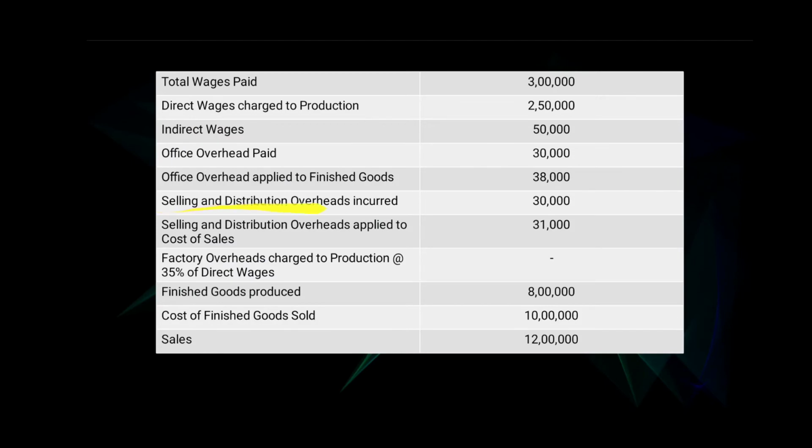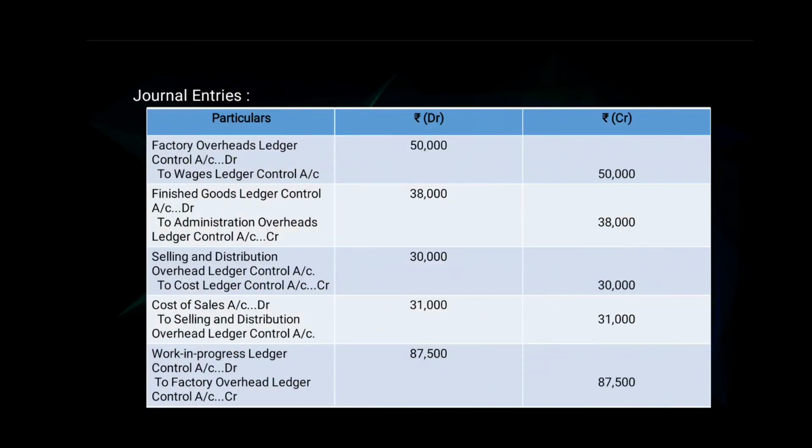Next is selling and distribution overheads ledger control. Selling and distribution overheads incurred, amount is 30,000. So the journal entry we had recorded as selling and distribution overhead ledger control account debit to cost ledger control account, amount is given as 30,000.